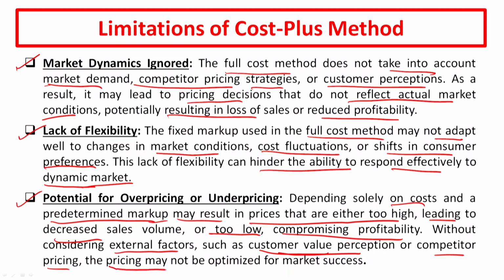The pricing may not be optimized for market success, which means due to ignorance of certain factors, the price may be overpriced or underpriced, which might be a problem for the firm and even for the consumers.